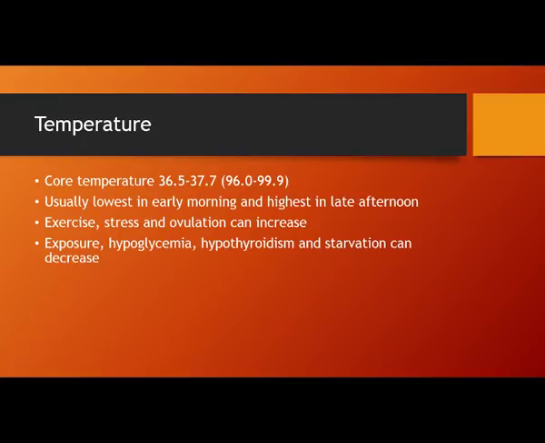Then the normal temperature in your body core would be between 36.5 and 37.7. Less than that would be considered hypothermia. More than that would be considered hyperthermia. And the Fahrenheit equivalents for those measures are 96.0 to 99.9.